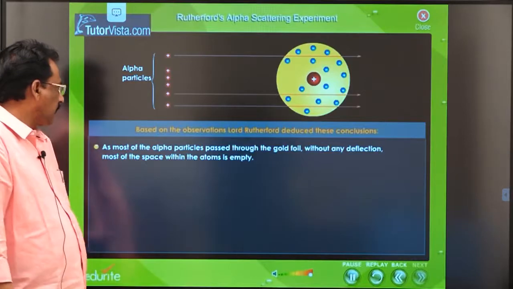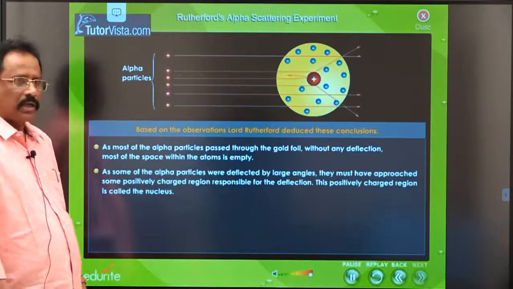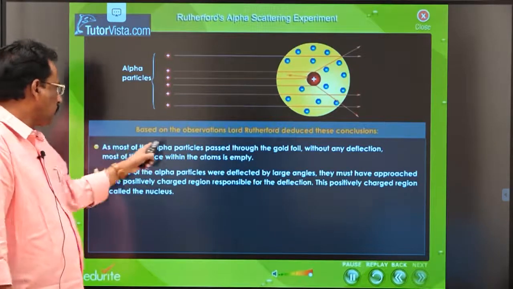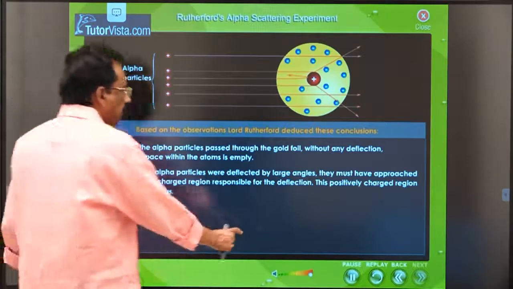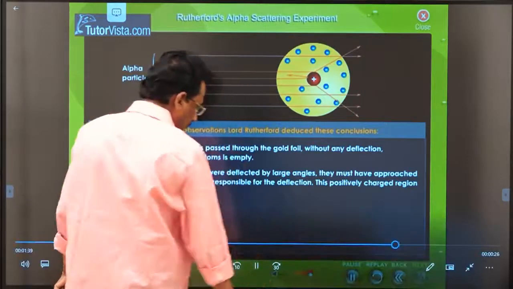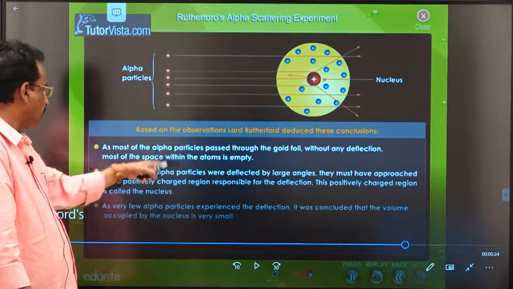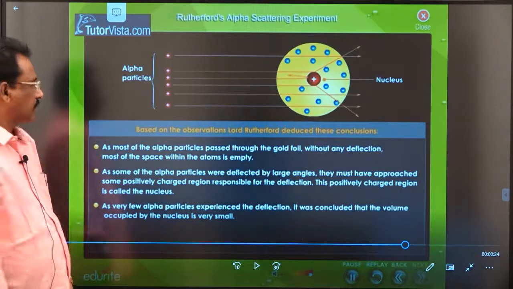Based on that experiment, there are 3 observations and conclusions in this theory. The first observation is that most of the alpha particles pass through the gold foil, indicating the atom is extremely hollow with a lot of empty space.